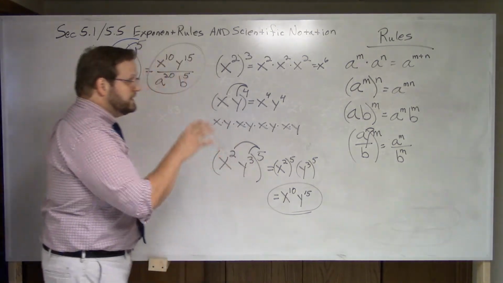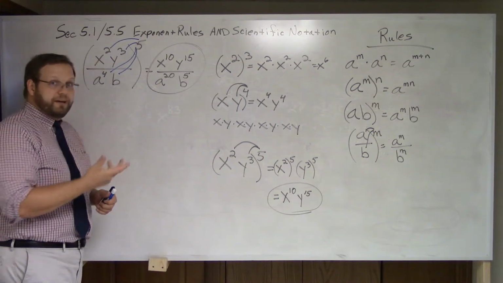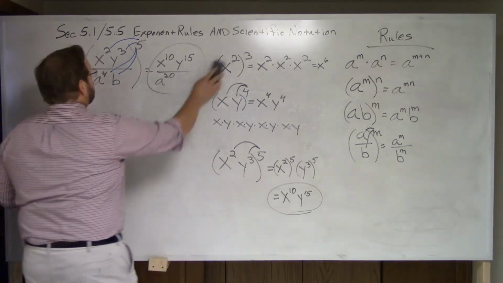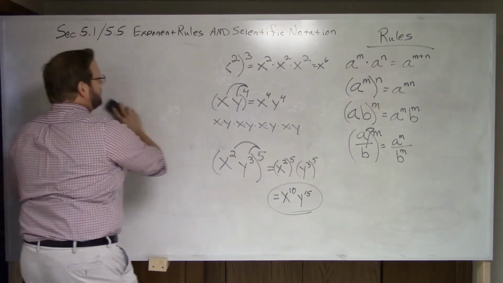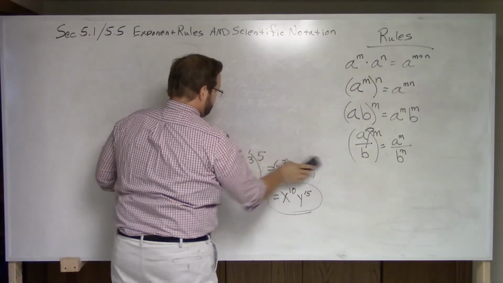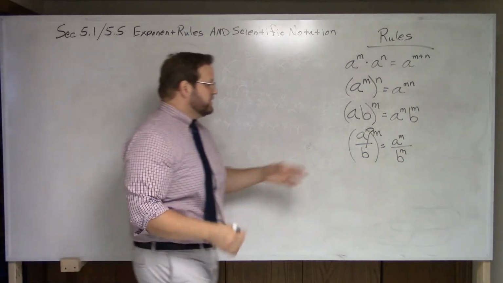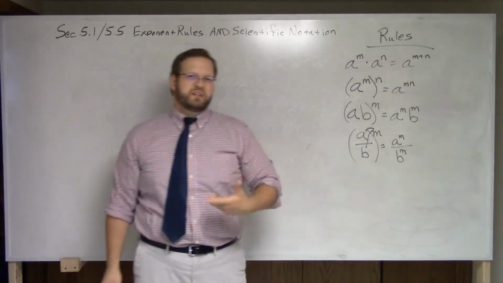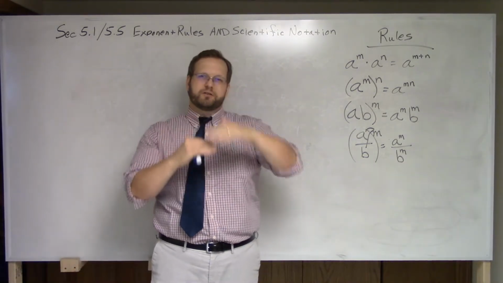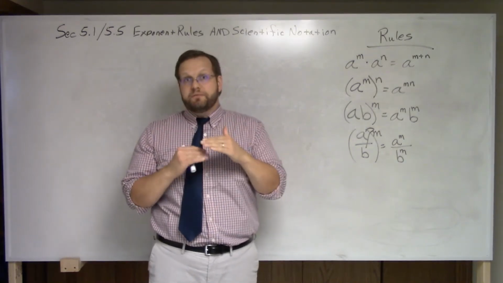Now, let's expand on this idea of dividing. This division rule we have here isn't really a division rule because the numerator and denominator were different. What if they're the same?